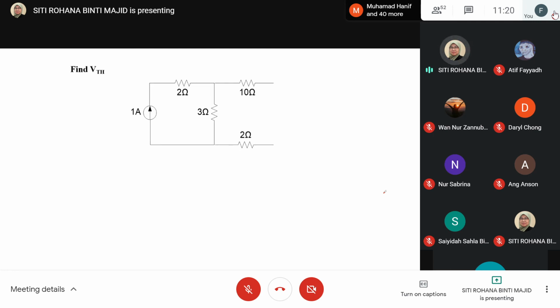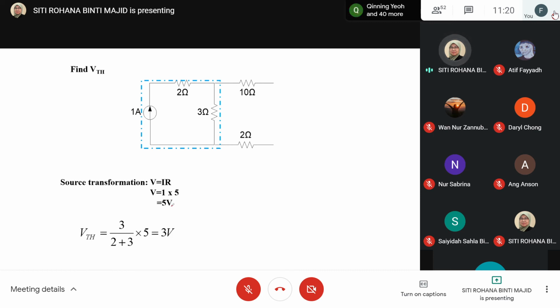Then in this example, we have one current source here and we want to find the VTH for this circuit. If you see from this diagram, there is one part where you can use source transformation from Ohm's law, V equals IR, and you will get 5 volts for this case.